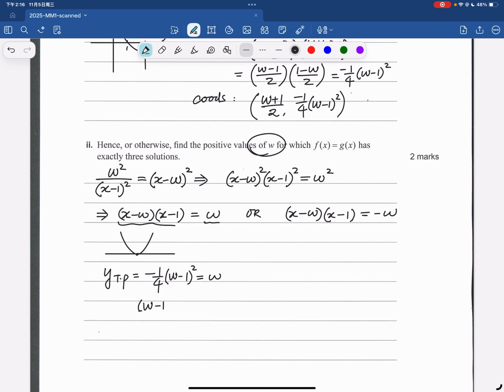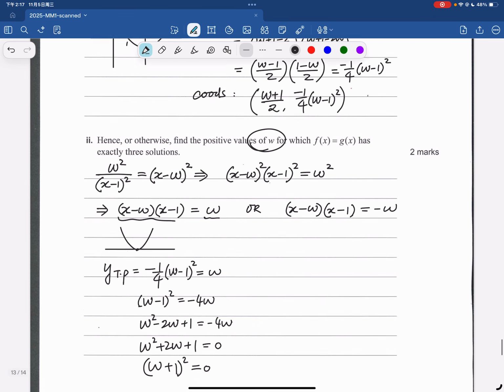So w minus 1 squared, if we multiply both sides by minus 4, equals to minus 4w. And w squared minus 2w plus 1 equals to minus 4w. Therefore, add 4w both sides, we have w squared plus 2w plus 1 equals to 0. W plus 1 squared equals to 0.